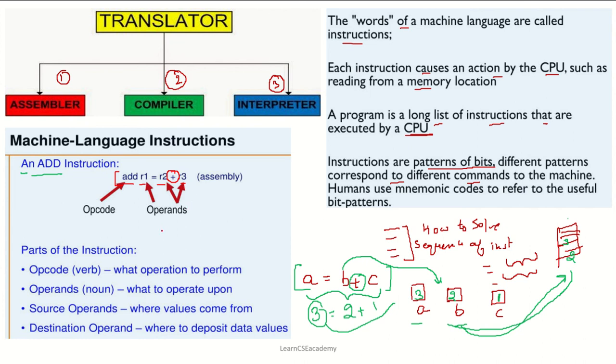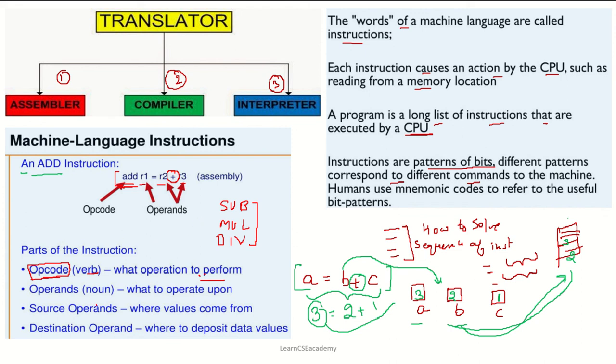Broadly, what are the parts of an instruction? Opcode is the verb, the operation to perform, which operation we want to follow. Here we are using the add operation. Apart from this, we can use subtraction, multiplication and division as well. These are the mnemonic forms of the operations which we can use in an assembly level program.